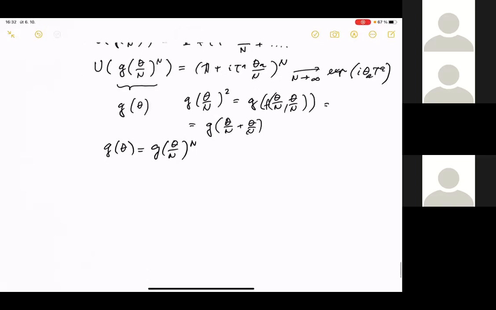So, in the case of an abelian group, we have a very nice parameterization of our representation in terms of generators, this exponential parameterization.